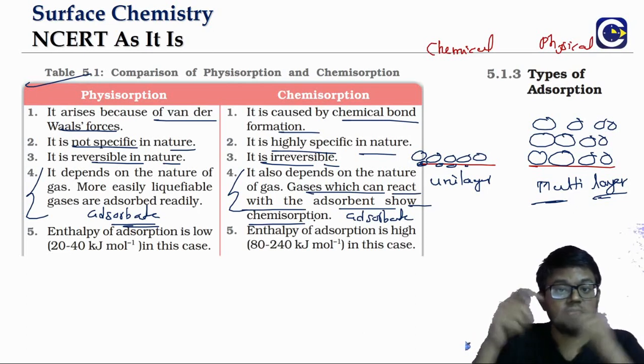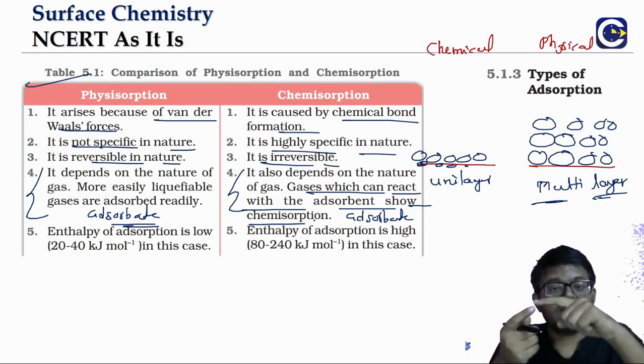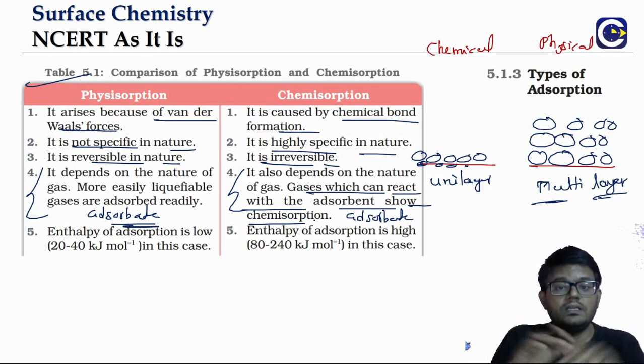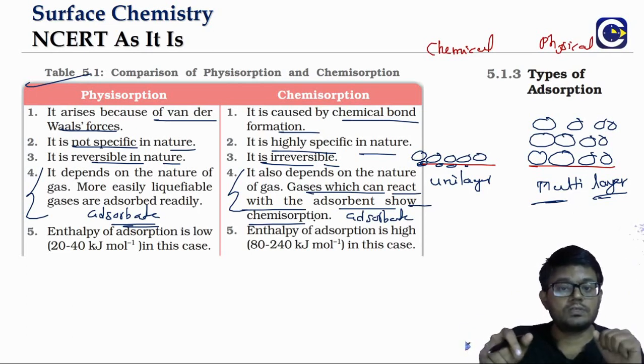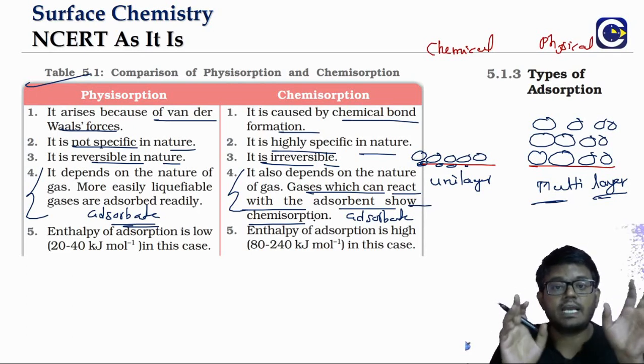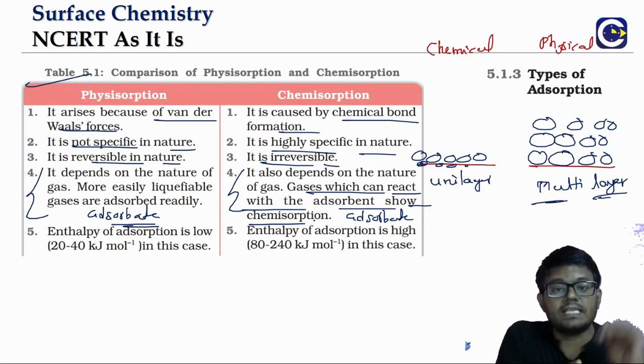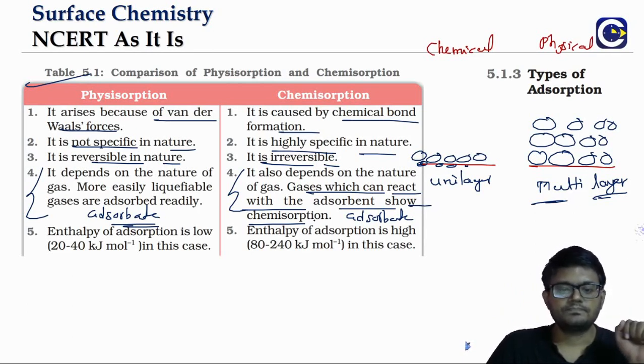Here the nature means whether the gas particles can easily react with the solid molecules. So it is about the reaction possibility. In physical adsorption, it is not about reaction, it is about how easily the gas can be liquefied. That is the way in which the adsorption will depend upon the nature of the adsorbate.